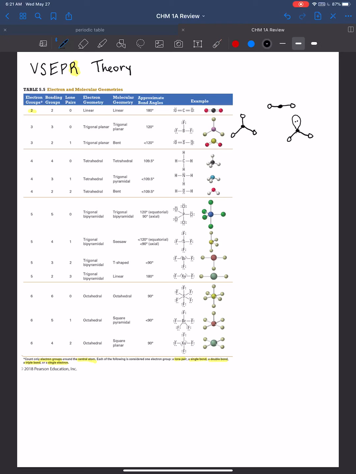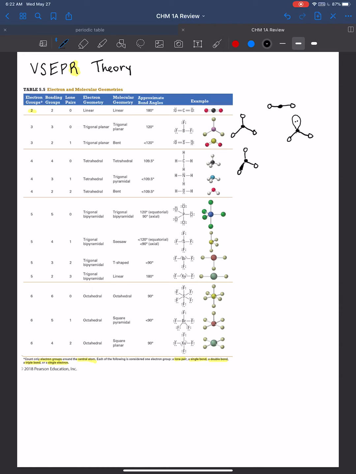And the way we draw this in 3D is two of the bonded groups are in the plane, and that 109-degree bond angle is represented here. One group is coming at you, and we use a wedge.